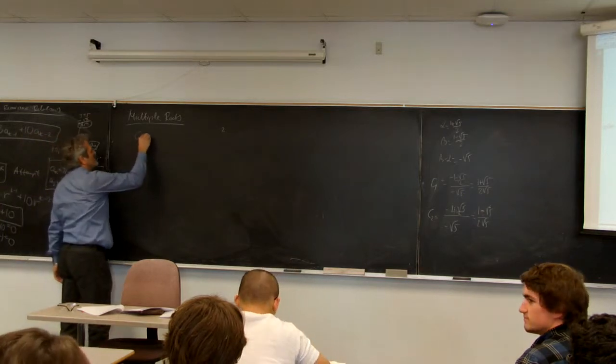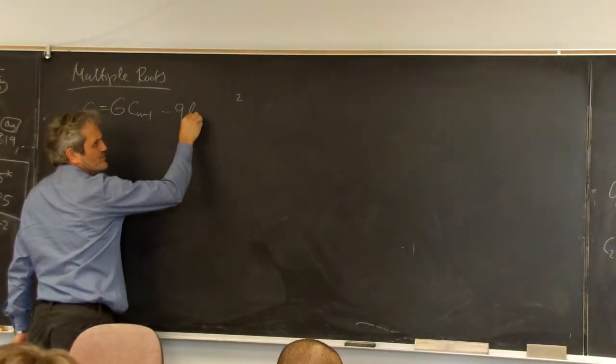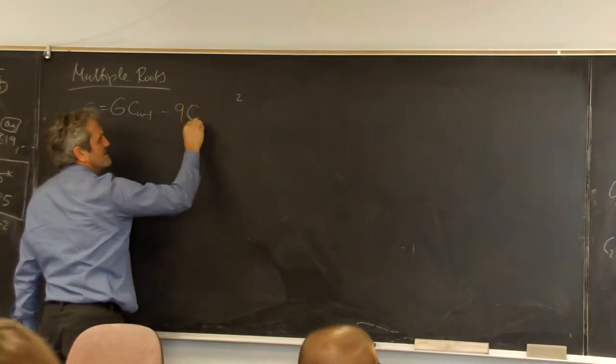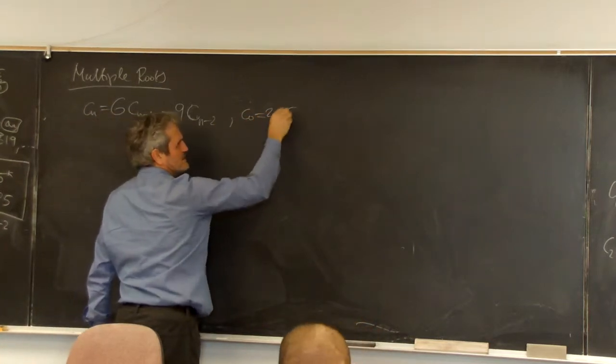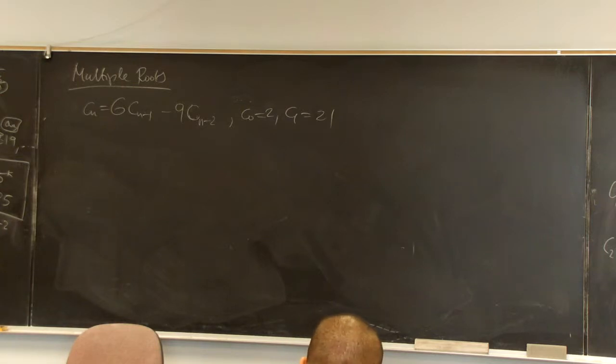Here's the equation. Cn equals 6Cn minus 1 minus 9. It should be C. There's a whispering there. It's not B, of course. It's C there. Cn minus 2. We can actually do the calculation.